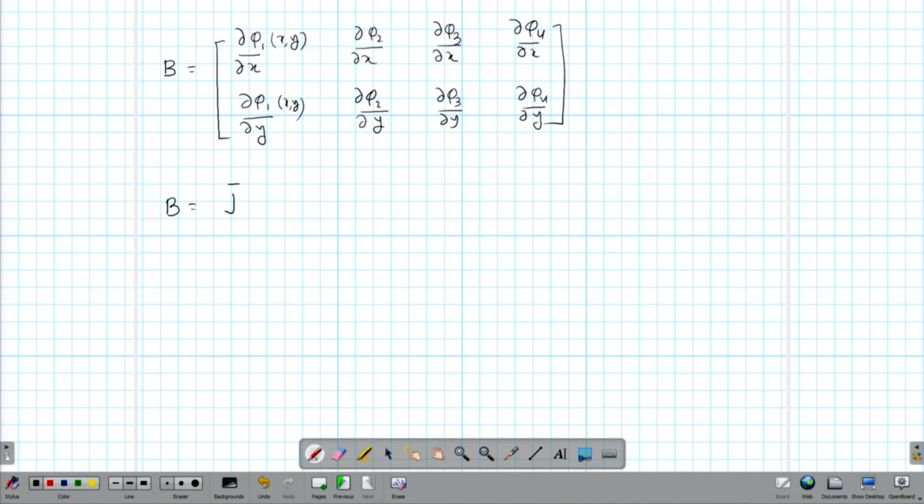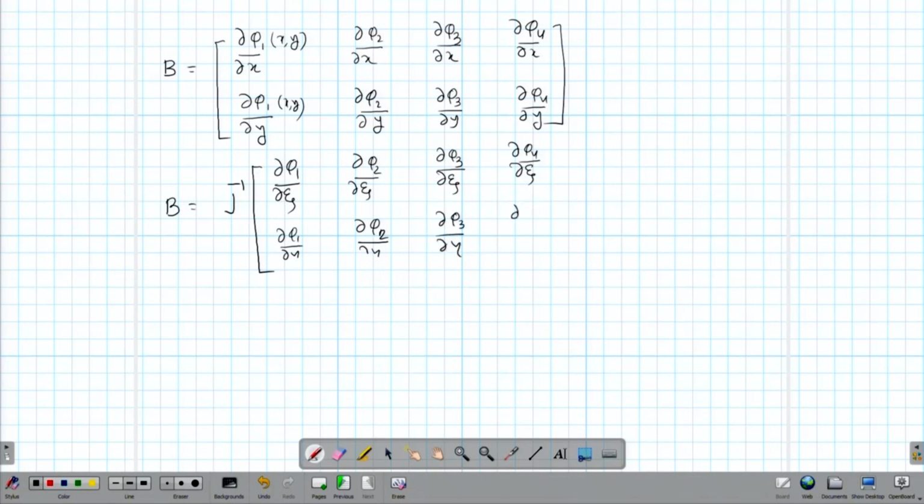So, the inverse of the Jacobian, and then the same thing we can write: del phi 1 del xi, del phi 2 del xi, del phi 3 del xi, del phi 4 del xi, and similarly del phi 1 del eta, del phi 2 del eta, del phi 3 del eta, del phi 4 del eta.